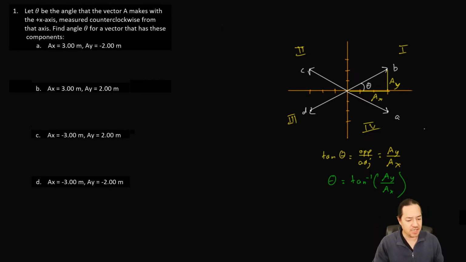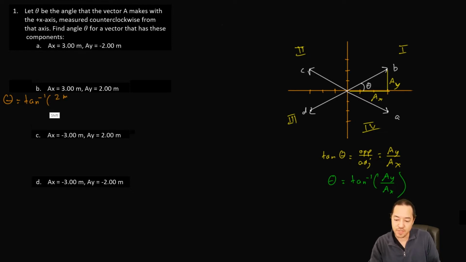Since I started drawing out things here with vector B, why don't I solve it for vector B first. Theta is going to be the inverse tangent of A sub y, which is 2 meters, over A sub x, which is 3 meters, right? So the inverse tangent of 2/3.